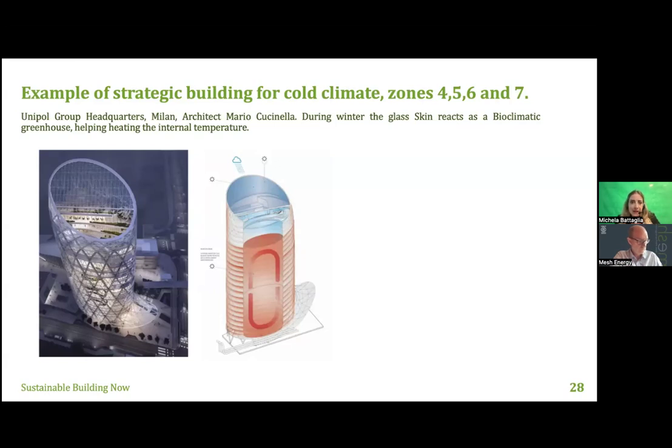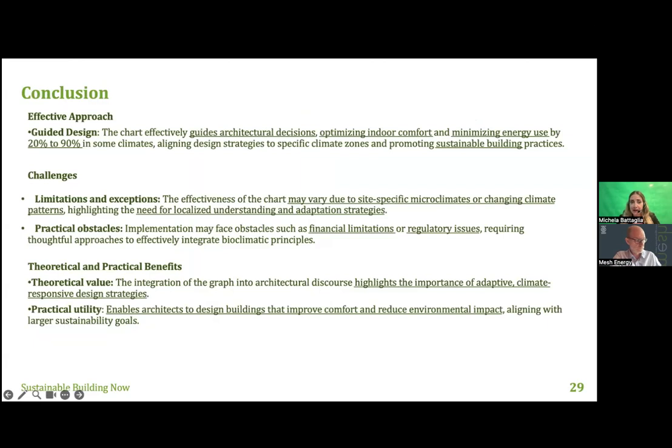So using passive design strategies, we are able to minimize from 20 to 90% in some climates the use of heating or cooling systems.